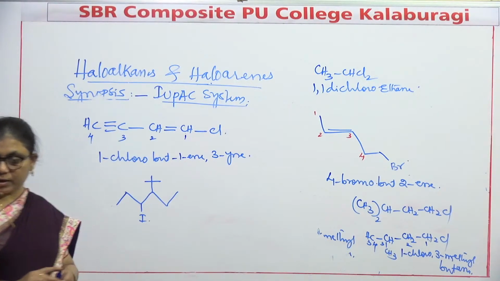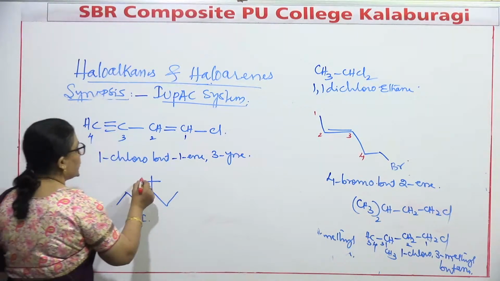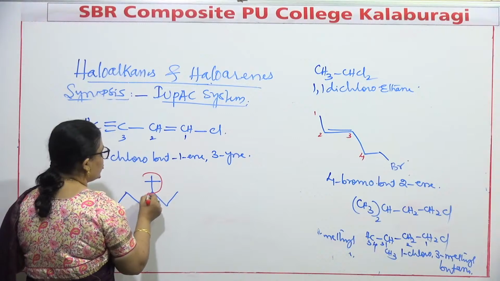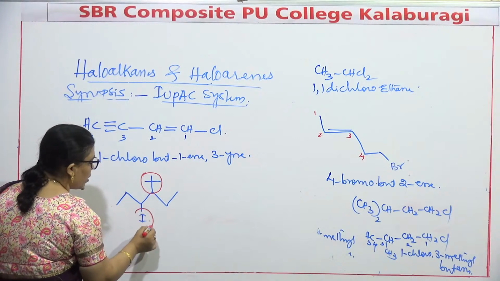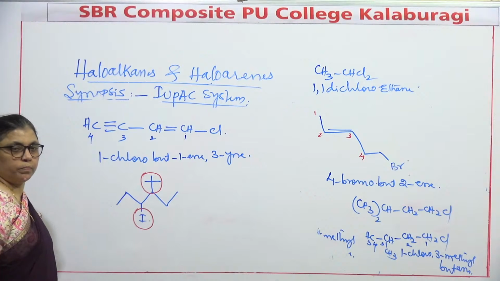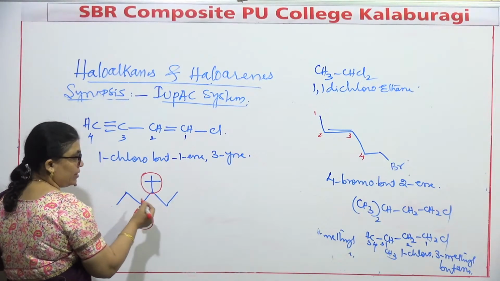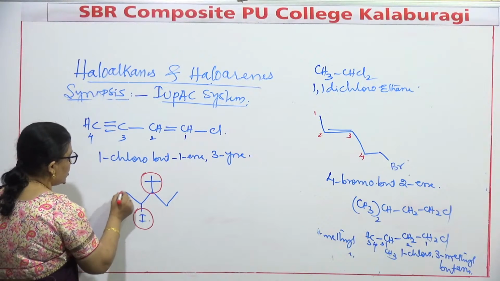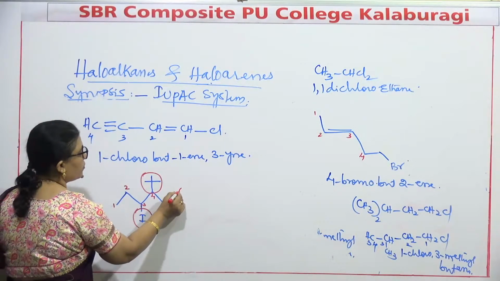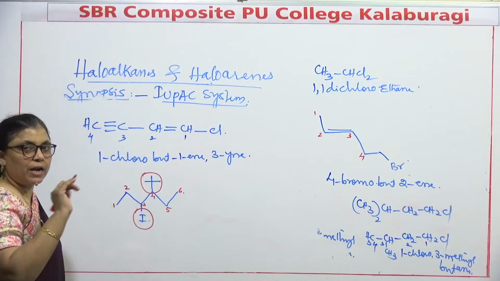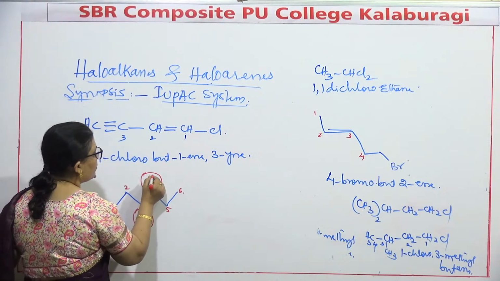It means that I will take another pen. This is one substituent. Correct? This halide is iodo. The carbon chain will go 1, 2, 3, 4 because the halide gets preference, 1, 2, 3, 4, 5, 6. Total 6 carbon atoms are there. At the fourth carbon atom, we have like this.